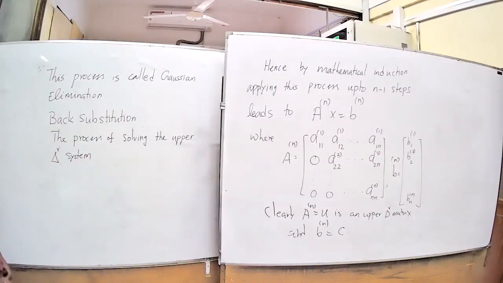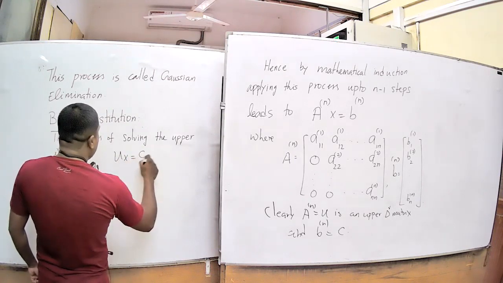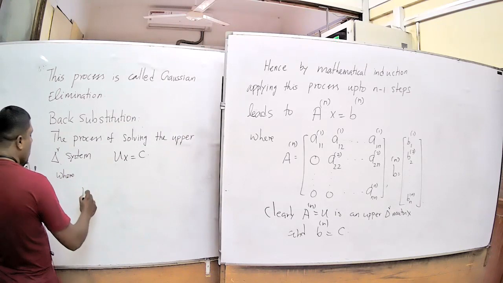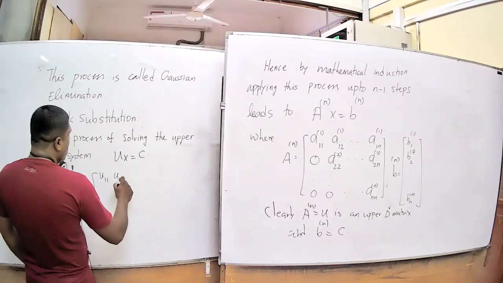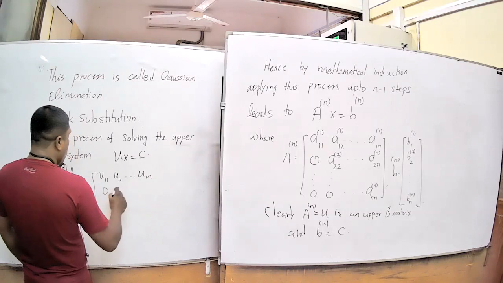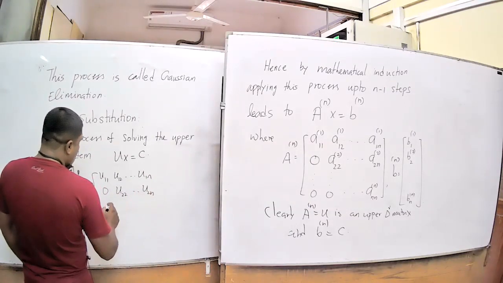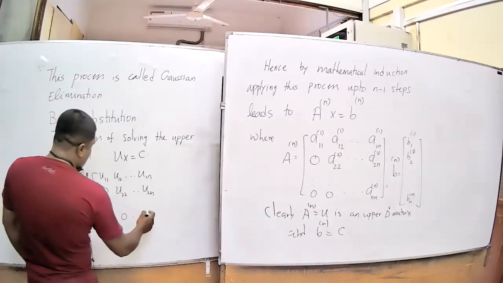Back substitution is basically the process of solving the upper triangular system UX equal to C. Let us name U as u11, u12 up to u1n, then 0, u22 up to u2n, and all the way down to 0, 0, unn.